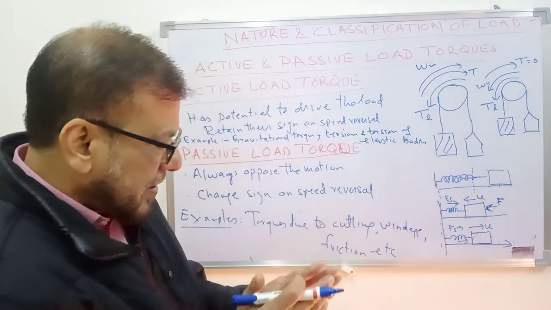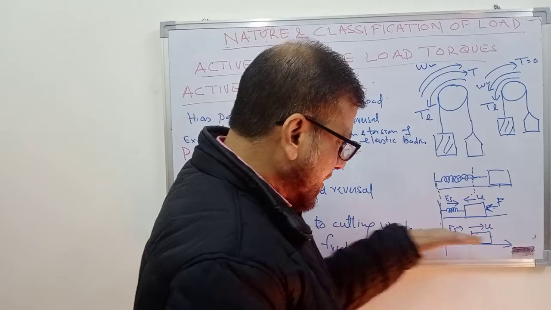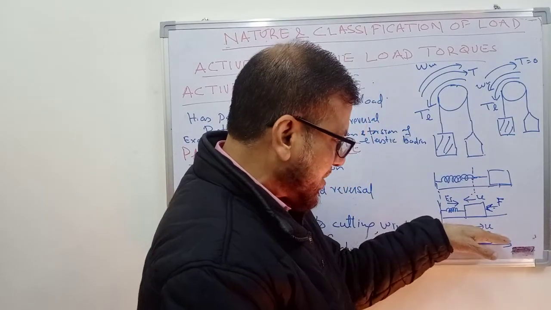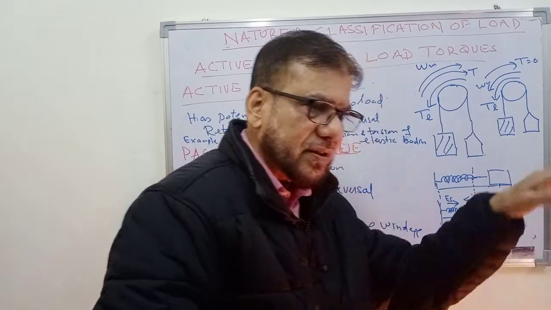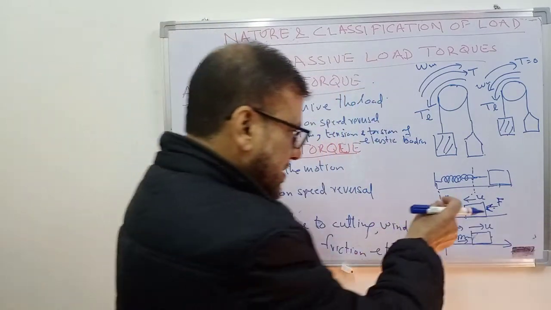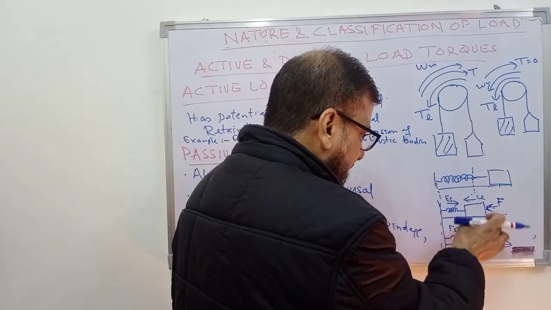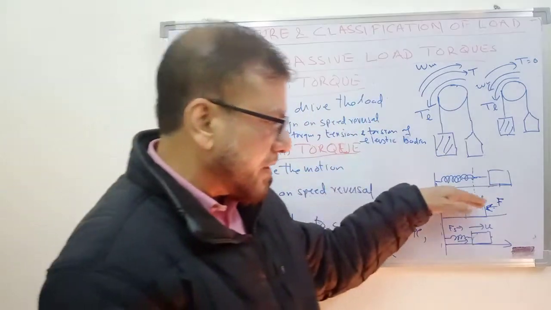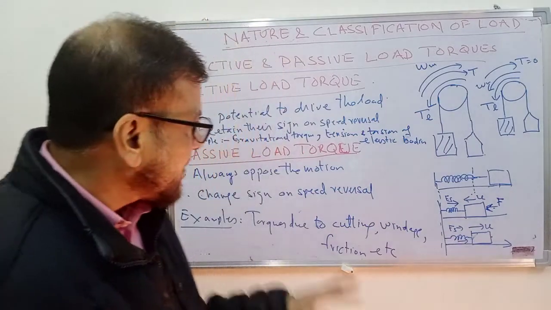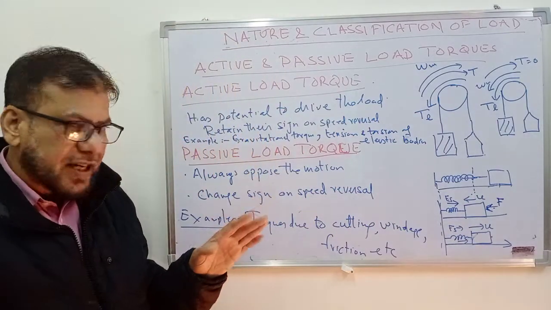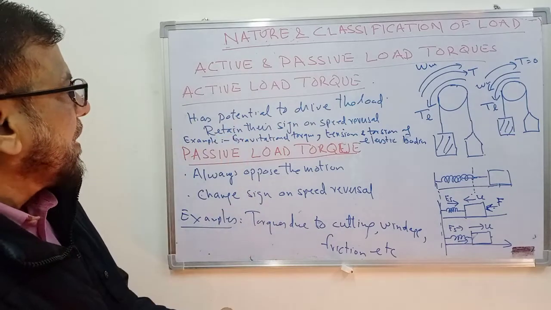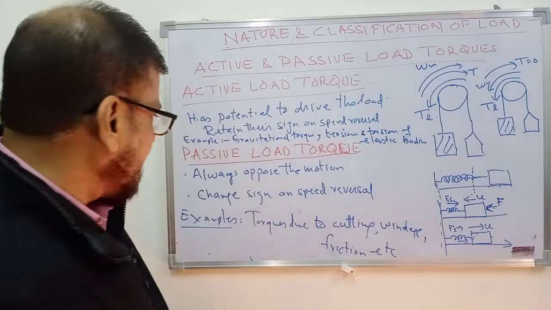But if we remove the force, now the spring force is again in the same direction, and it moves the block in the opposite direction. The direction of motion of the block has reversed, but the force applied by the spring remains the same. So such torques which can drive the motor are called active load torques.